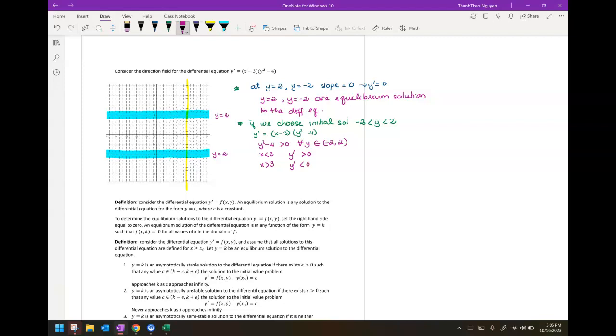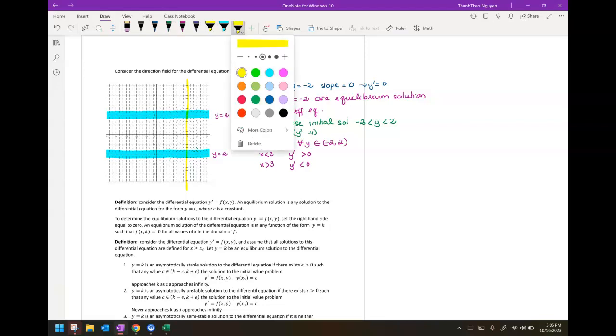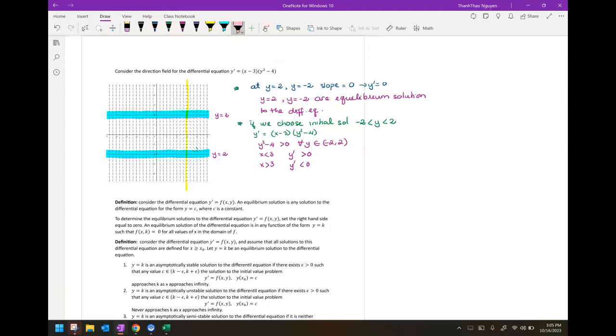And note that when y prime is less than 0, this slope line that you can see on the other side, let's add a highlighter, see if it helps. The slope here levels out and approaches y equals -2.